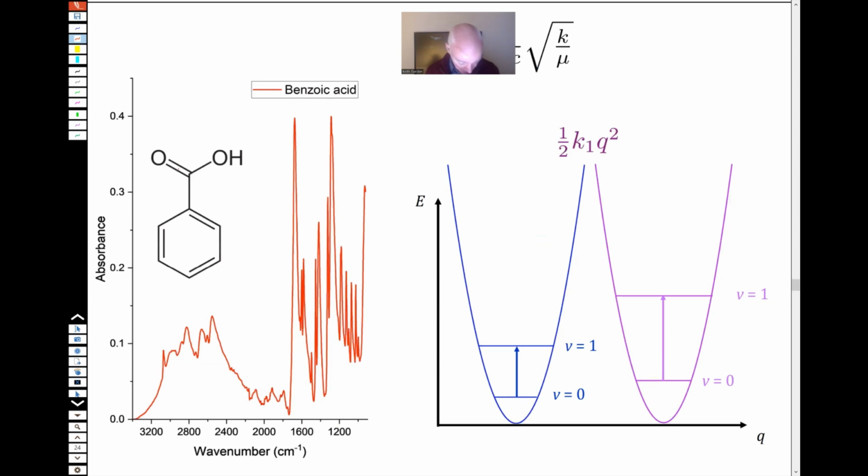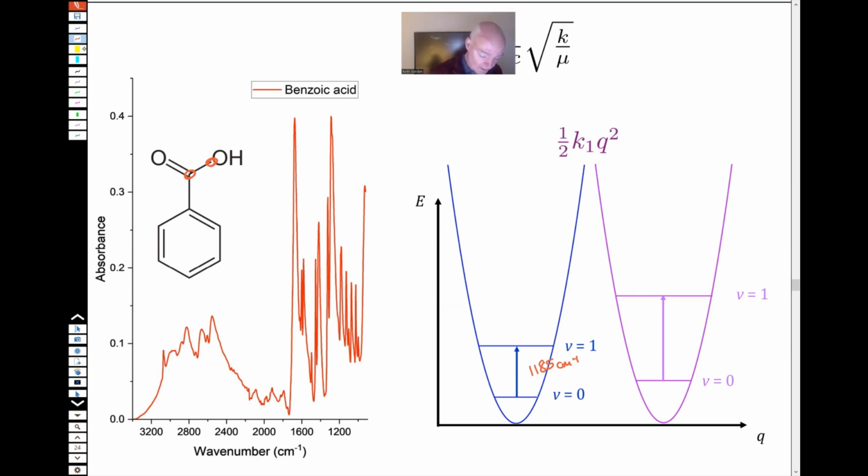So if we think about the benzoic acid here, we can pick the CO bond, and it's going to vibrate at a certain frequency. It'll be about 1185 wave numbers, I think it was, which we looked at earlier on.